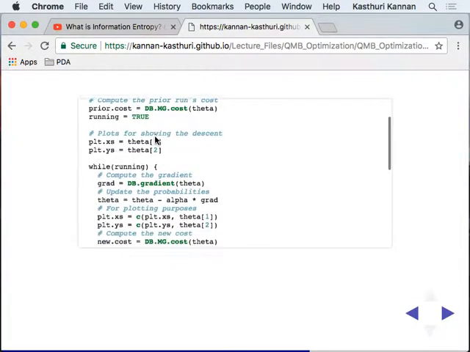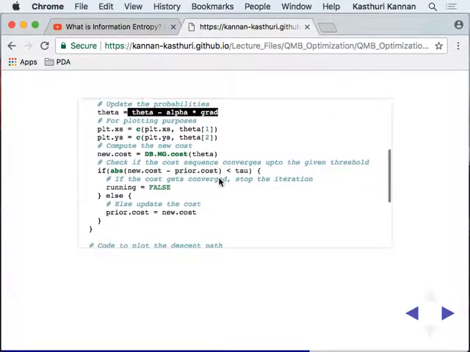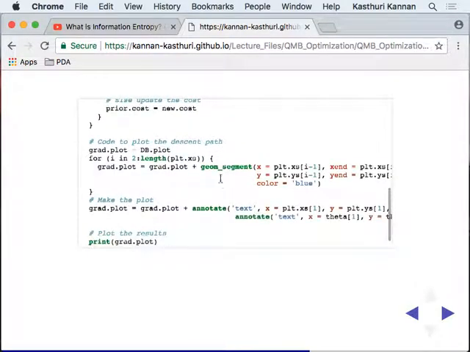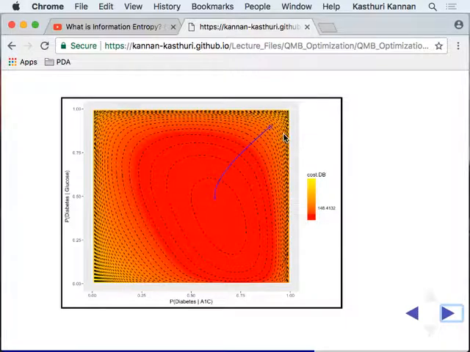Now you set up the cost for this function, just like how we did the cost function, and then you update your gradient, and then we can plot it. So this is how the gradient descent performs. It starts from here, converges going down, and then stops here, right?